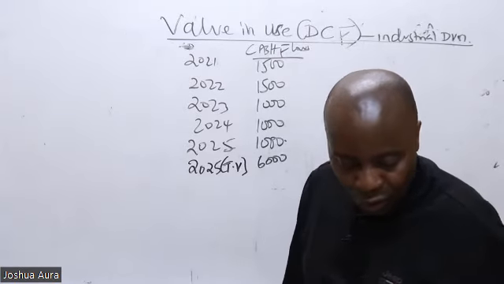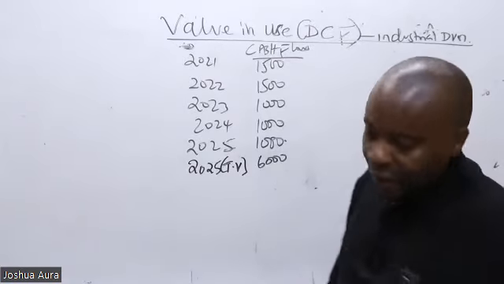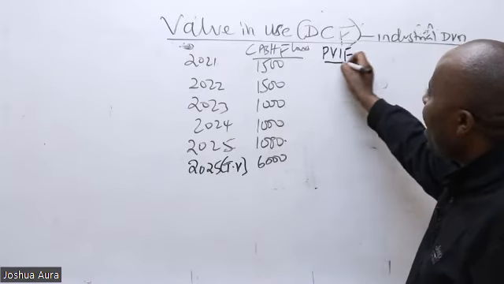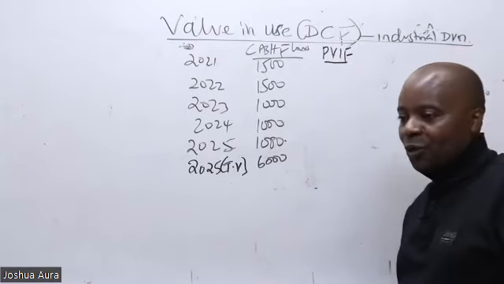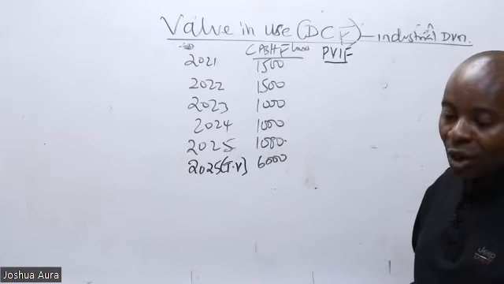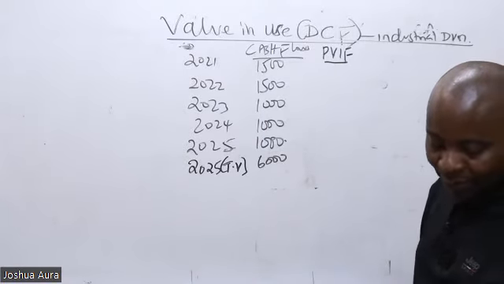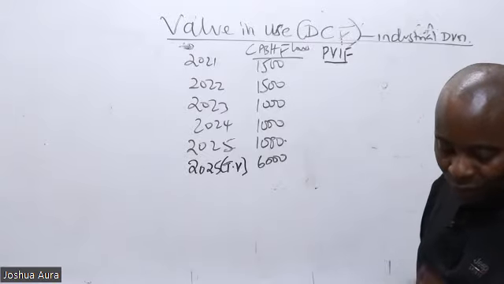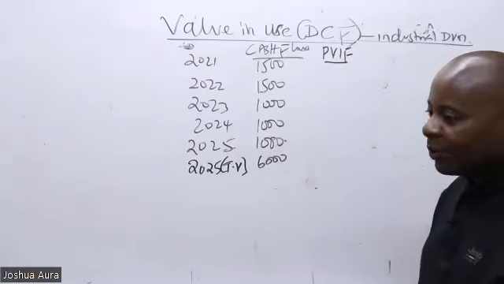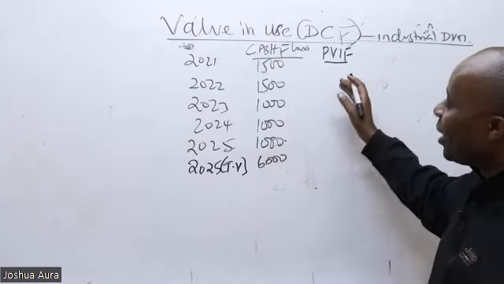Now, what you need to do is come here and give us the discounting factors, what we call the PVF. In AFR, the PVF will be given to you. But if they don't give it to us, we know, like now here, they have given me the cost of capital. They have told me the pre-tax cost of capital there is 8%. I would have used that 8%, but in AFR, they normally give us.